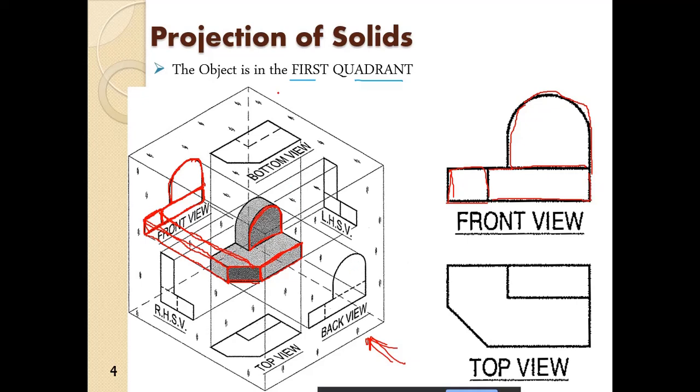Now when we see from the top, this entire section we will see as a plane over here, because these edges we will not see. So we will see that this entire circular section looks like a rectangular section here. That is the section being projected on the horizontal plane.